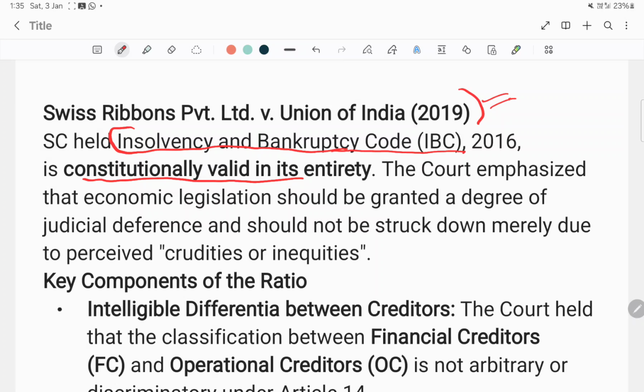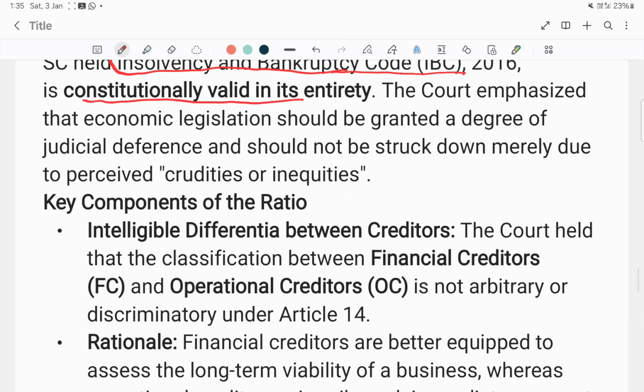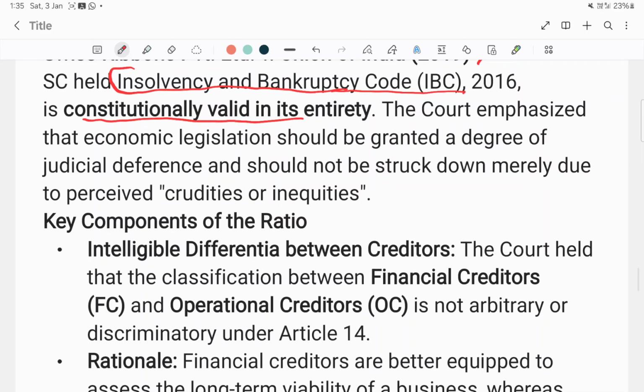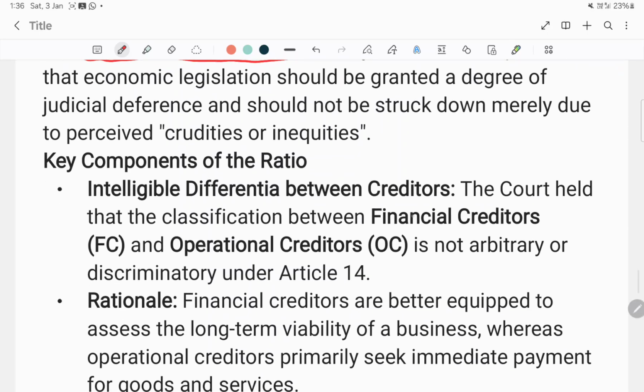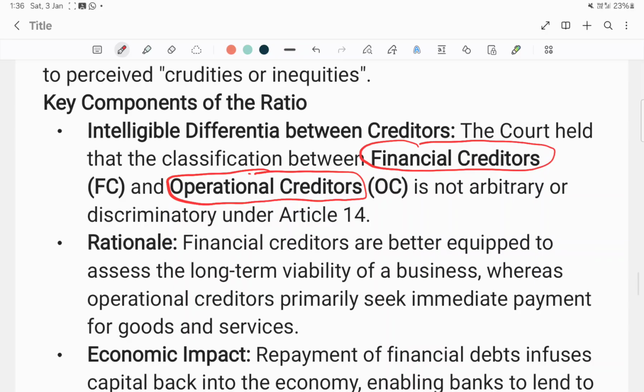It also says that there are certain provisions which are to be held mandatory under IBC, because two types of creditors are given under IBC: financial creditors and operational creditors. The Supreme Court says that if these two creditors are mentioned, it is not arbitrary or discriminatory.